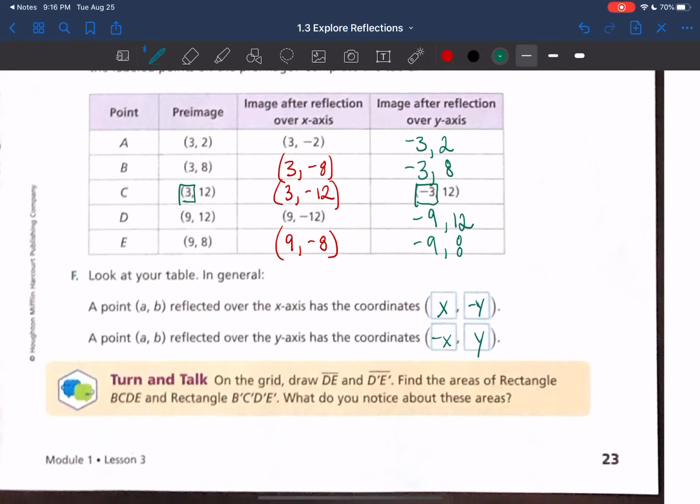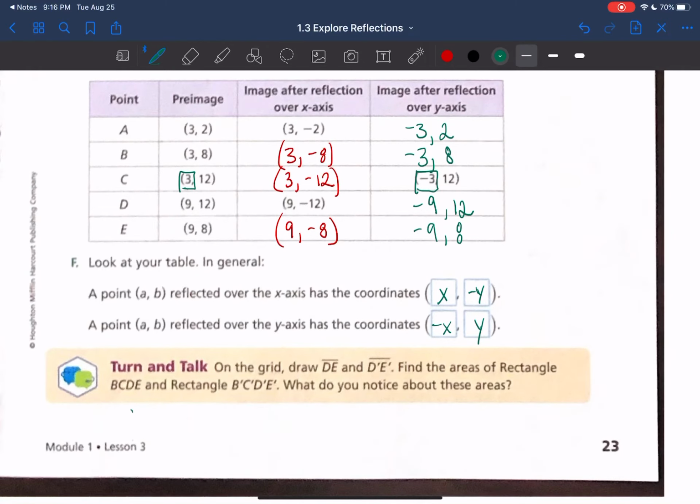The term that we use when we say things stay the same, we want to get used to using the word congruence. So build up that mathematical vocabulary.